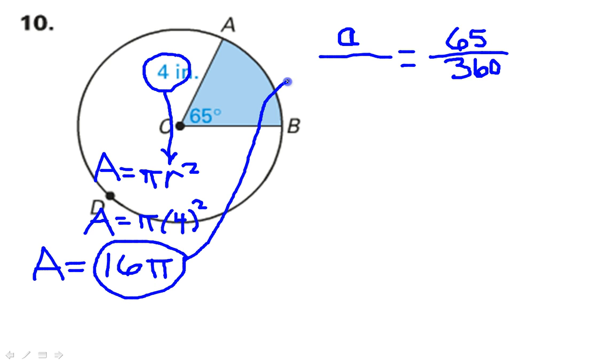So when I say part over whole, of course, I'm going to put the 16 pi here in the bottom, because that's the whole. Okay? Now, if I were you, I would always reduce this fraction immediately, before you cross multiply. So just put that in your calculator and tell me what you get.